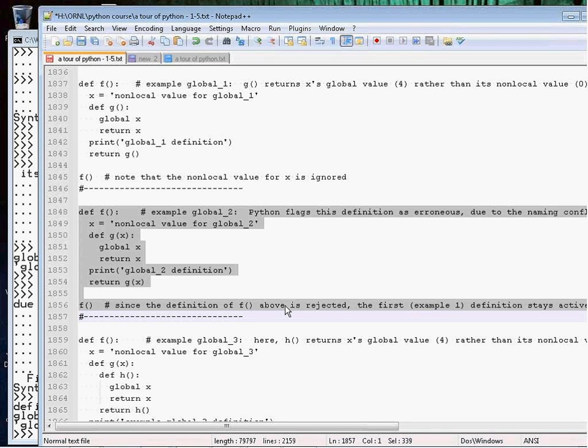Now, the reason that line 1856 is really important, and I've shot myself in the foot so many times in Python with this, is that since the definition at line 1848 did not take, the definition at line 1837, the first definition you put down, is still active. What's happened to me in this language is I loaded up a bunch of definitions.